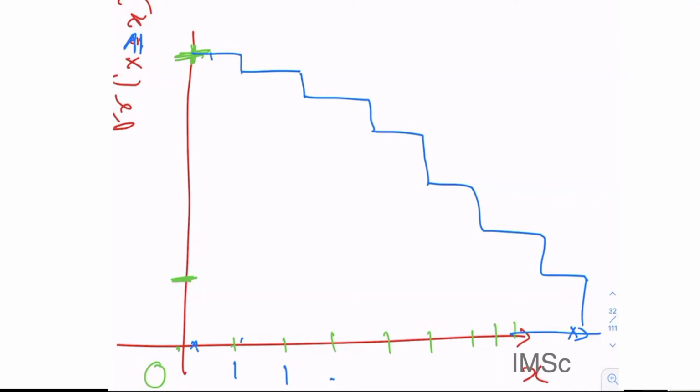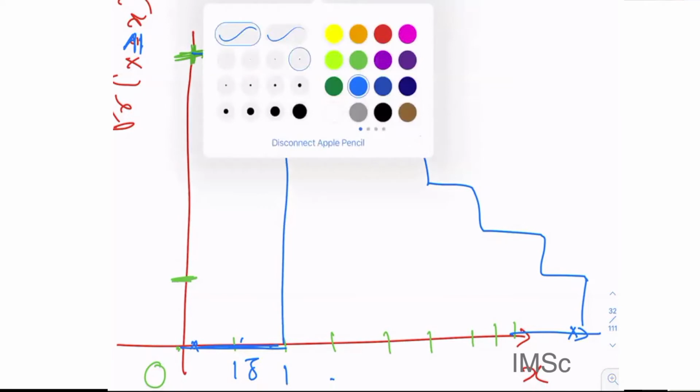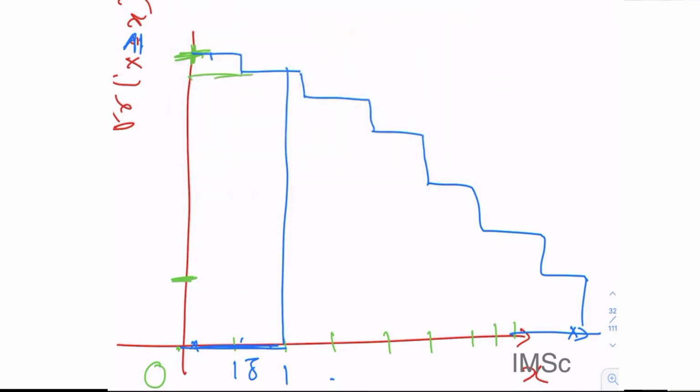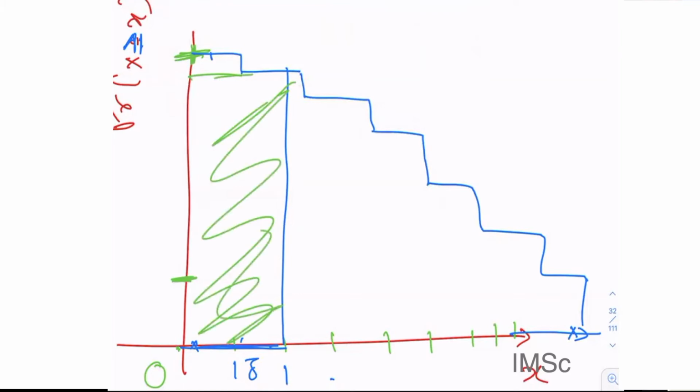So for example, suppose this quantity is z, and I ask what is the probability that x takes z? You draw here. The total area is basically the expectation of X. Do you recall how we compute it?